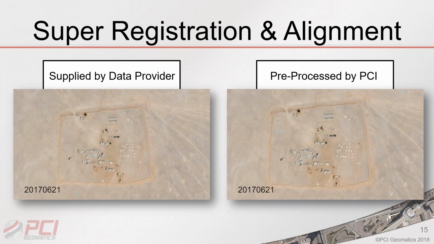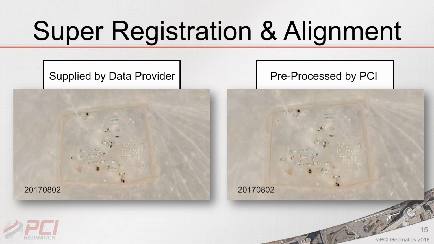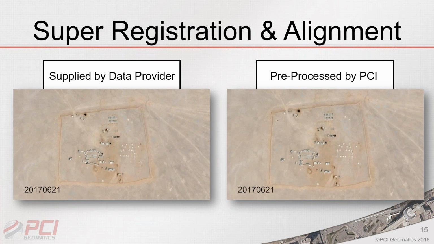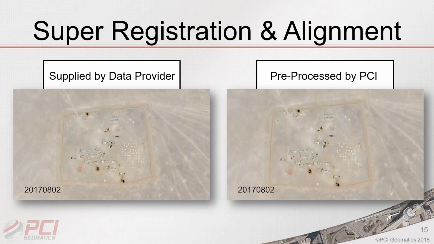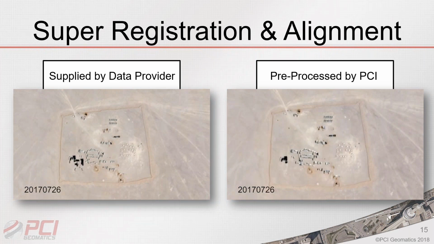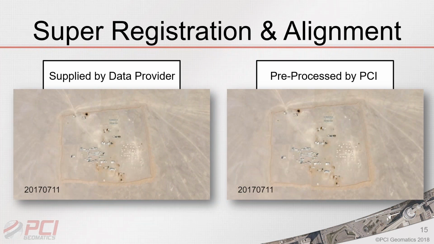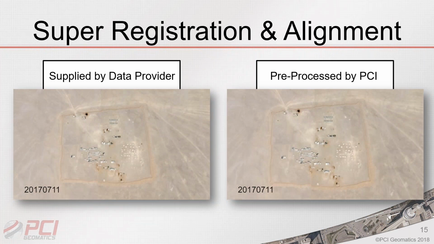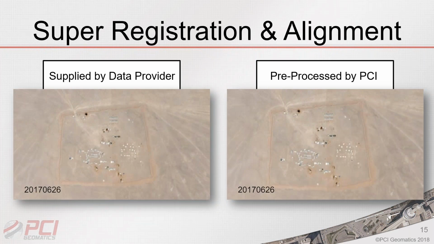Another example, this is a data set from Planet on the left, and we just saw this come across recently over social media a couple of weeks ago, and it's an interesting location. It's over Libya, and it's showing some development of some oil pads. And hopefully this is coming across through the webinar, but on the left, what you see is things are shifting around a little bit from left to right.